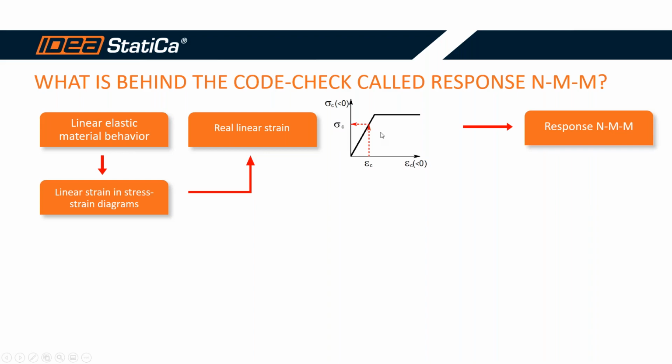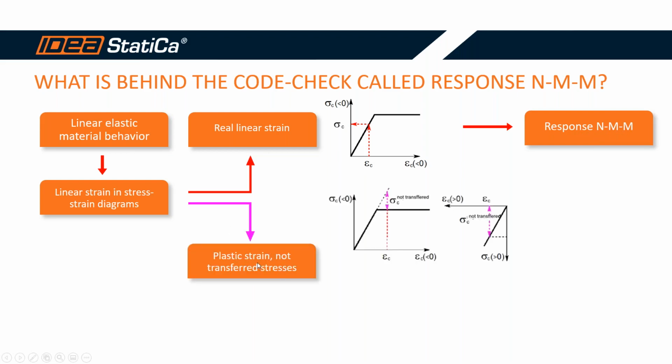In this case, a bilinear stress-strain diagram for concrete is presented. In general, we can have a parabolic or rectangular parabolic stress-strain diagram. We also need to check the strains in each component, so then we deal with the reinforcement and pre-stressing steel stress-strain diagrams. If we find the stress, we can say that we found the response.